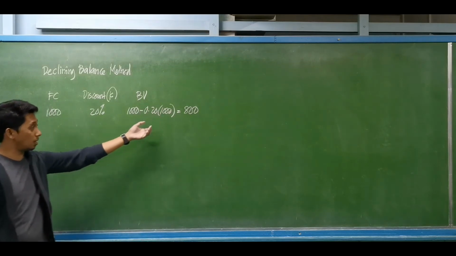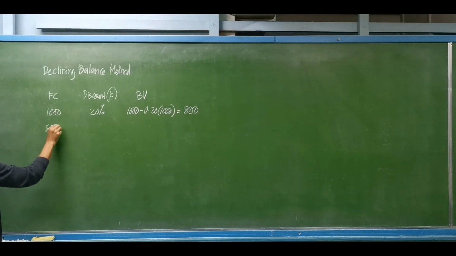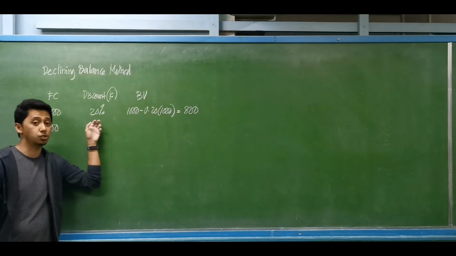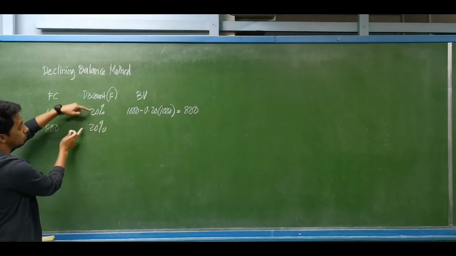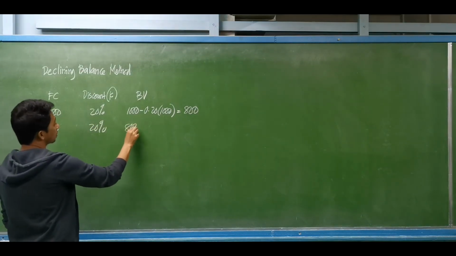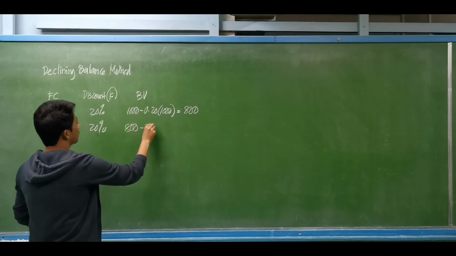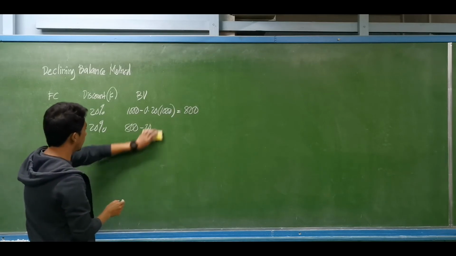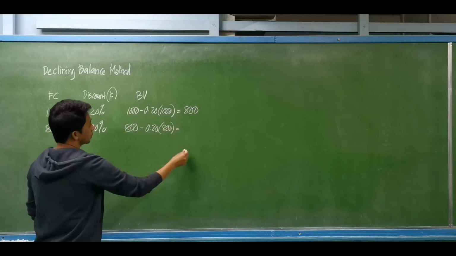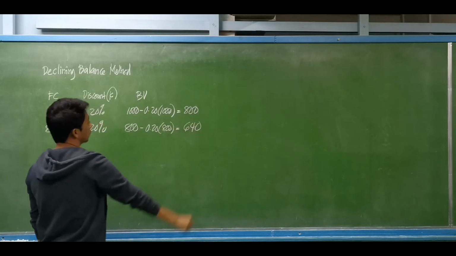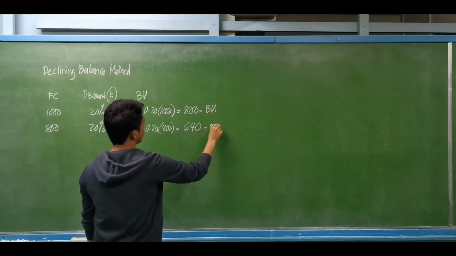Then this process will be repeated: this constant percentage of the declining value, 20%, will not change. It's 800 minus 20% of 800, so 0.20 of 800, which is 160. Okay, 640. So let's say this is your book value number 1 and this is book value number 2.